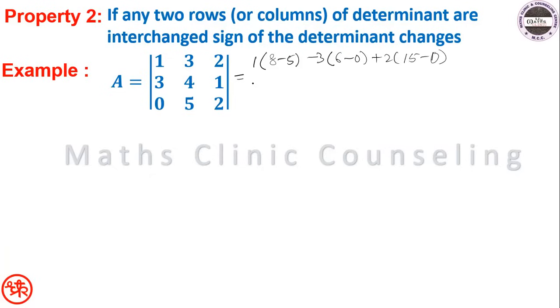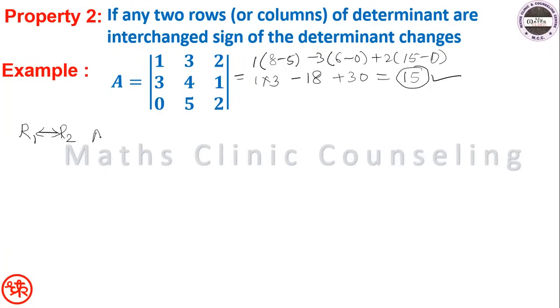So you find this value: 1 into 3, minus 18, plus 30, and so it is equal to 15. Just focus on this value, 15. Now what we do: we first interchange any two rows. Let us change R1 with R2.